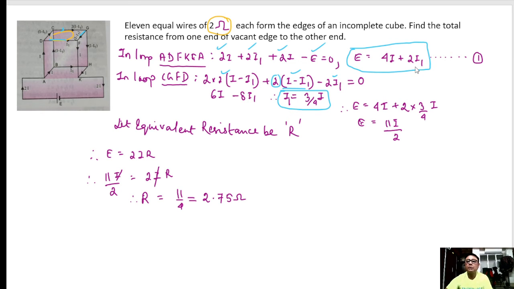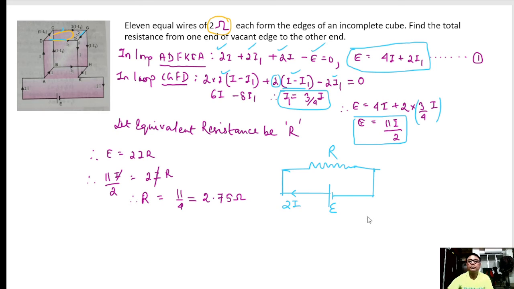So now instead of I1 I will put 3 by 4 I, and we will get the EMF as 11I by 2. Now let us assume that instead of the cube, the equivalent resistance is R. So the current coming out is 2I.